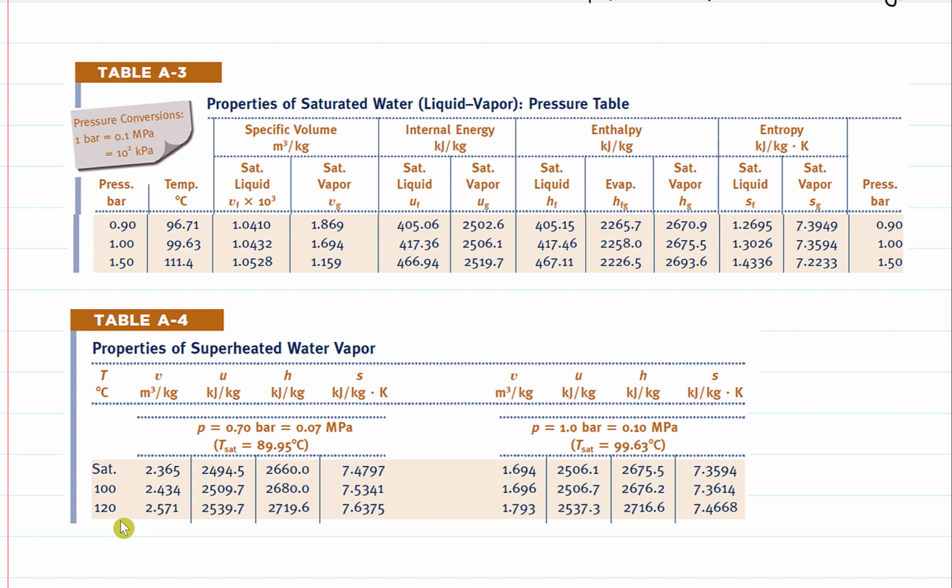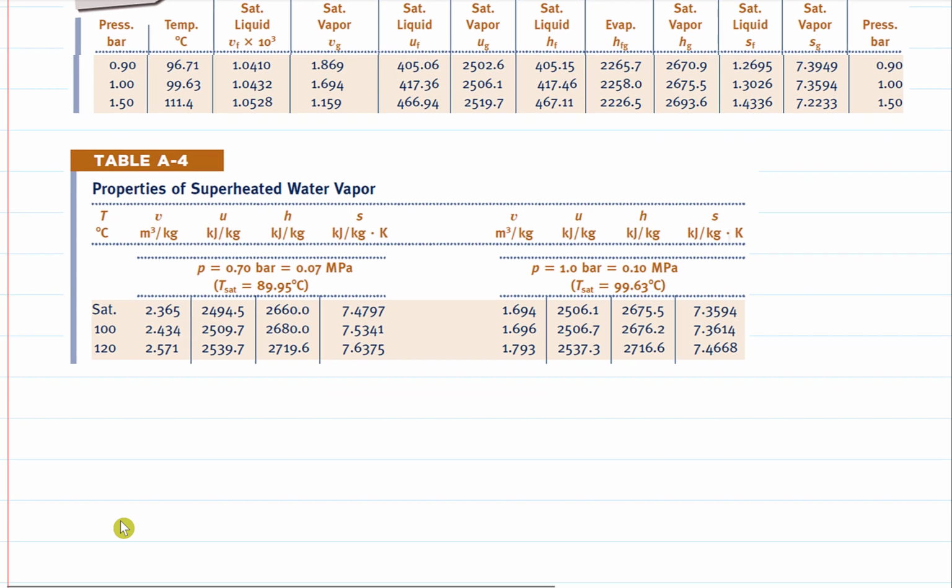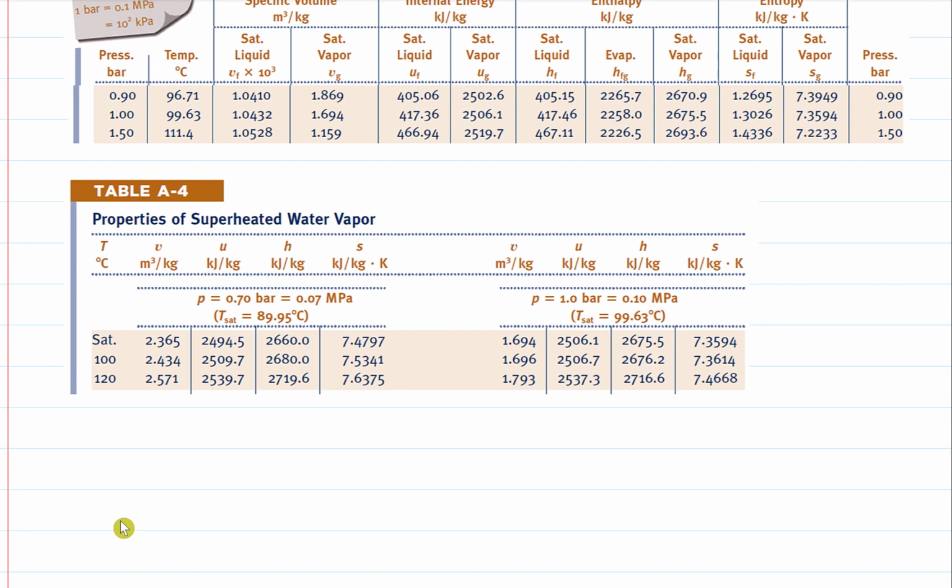So we need to do the linear interpolation to determine the temperature at the given enthalpy. So at temperature 100 degrees Celsius, enthalpy is 2676.2. At temperature 120 degrees Celsius, enthalpy is 2716.6 kilojoule per kilogram.